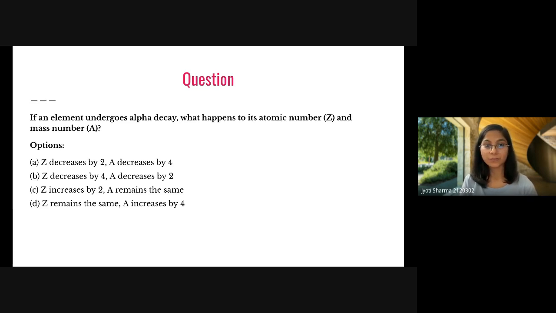If an element has undergone alpha decay, what would be the right answer? We already have talked about such kinds of equations. Anyone want to give me the answer for this?